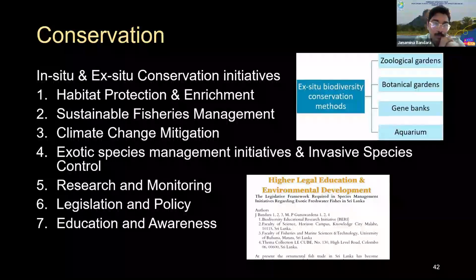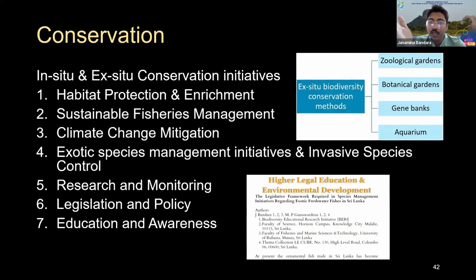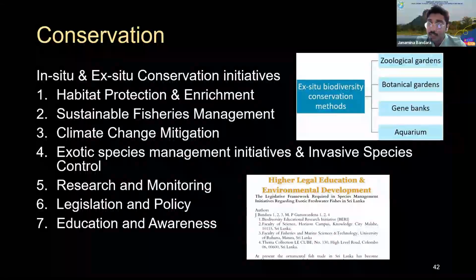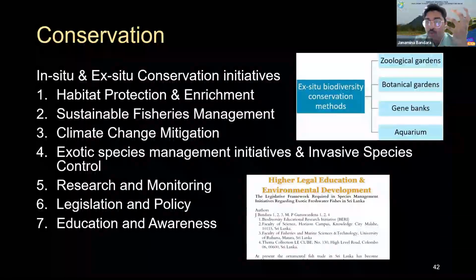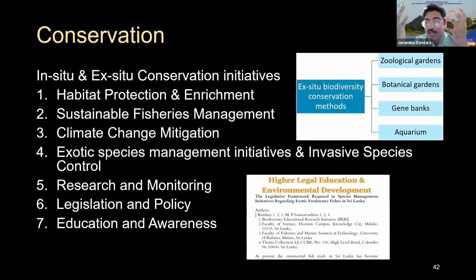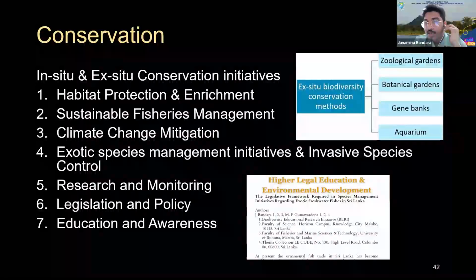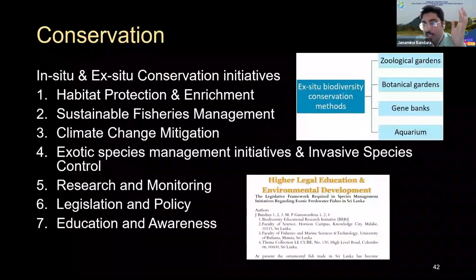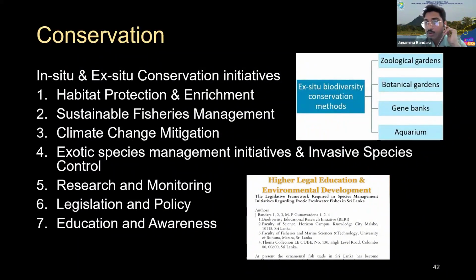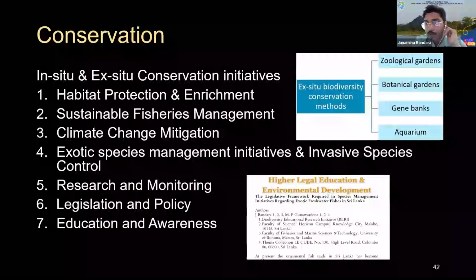So one of the major things is habitat protection and enrichment. It's really hard to restore these ecosystems to the condition they were in for millions of years after destroying them in a brink of time.